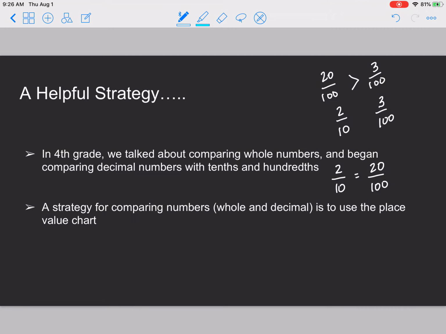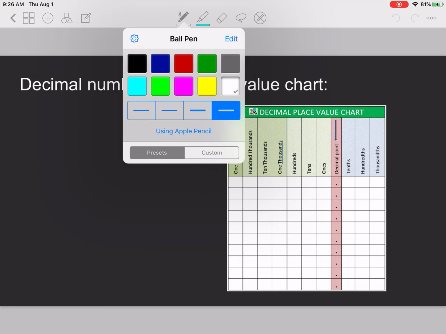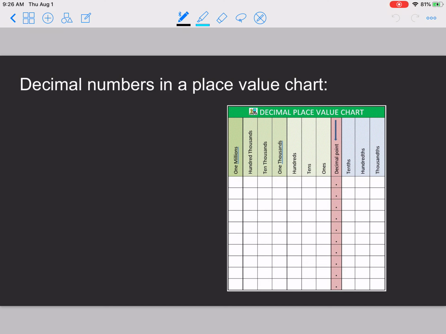So now we're going to be diving a little deeper into our decimal numbers this year. And so, like I said before, a strategy for comparing numbers, both whole numbers and decimal numbers, is to use the place value chart. So let's go ahead and turn to our place value chart. So here you can see we have our whole numbers to the left of the decimal.